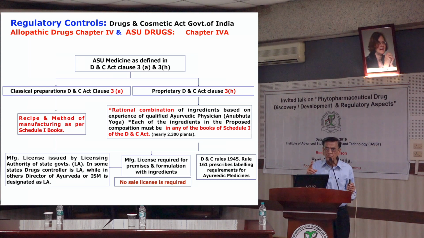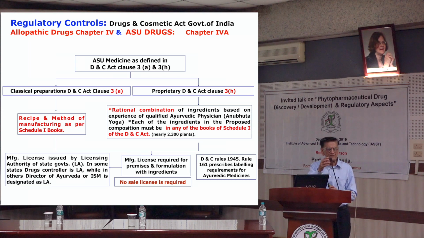There are 57 books listed in that schedule, and they contain formulae of the drugs along with the ingredients. If you prepare that drug according to the ingredients and the method enshrined in the books, then it is called a classical drug. The government tax on it is also lower, and in it you can't do any modifications, you can't do research, you can't change. So that's a sort of dead material.